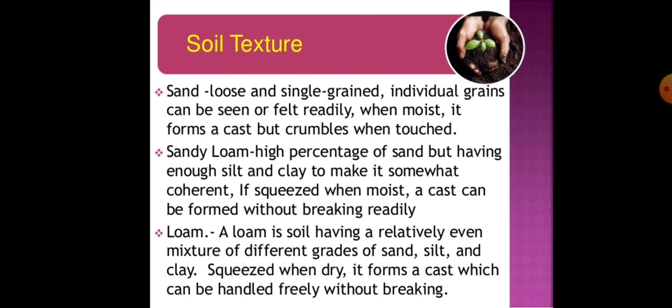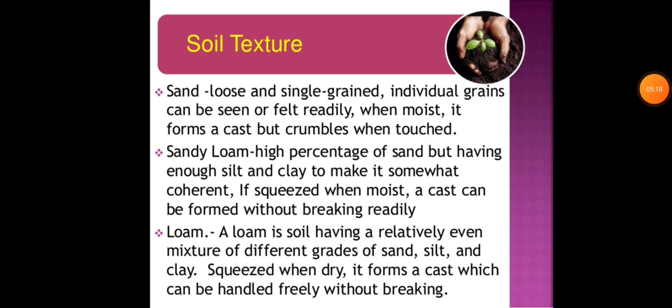Sand soil is loose and single grained, individual grains can be seen or felt readily. When moist it forms a cast but crumbles when touched. Next is sandy loam, high percentage of sand but having enough silt and clay to make it somewhat coherent. If squeezed when moist, a cast can be formed without breaking readily.